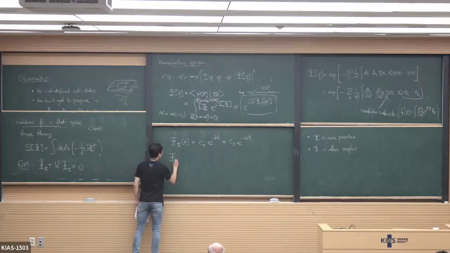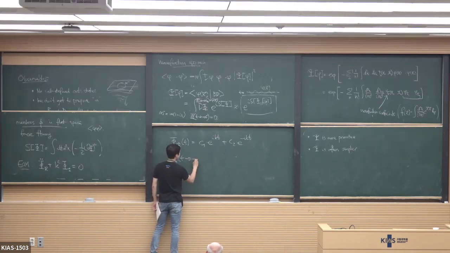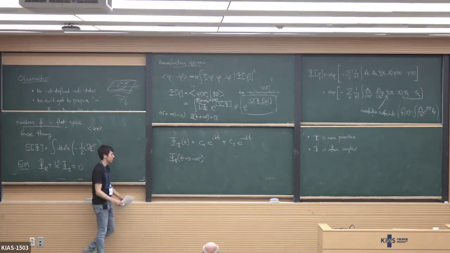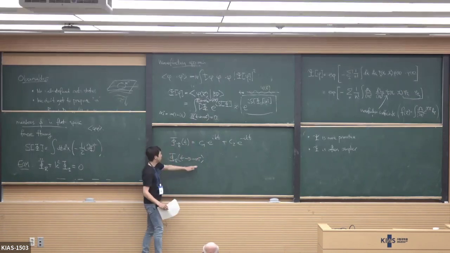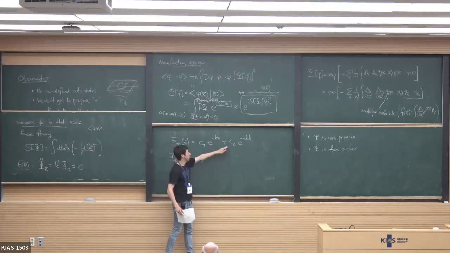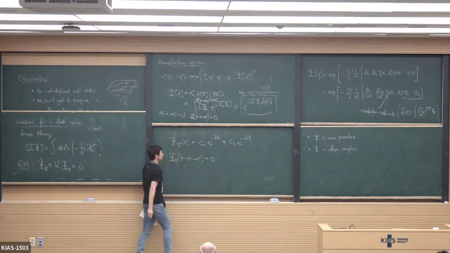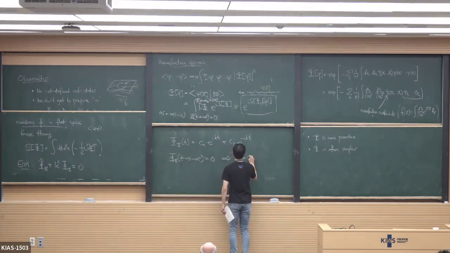We want to impose the condition that when we take t to minus infinity with the i epsilon prescription, this solution goes to zero. If we want to do that, we have to take only one of the solutions. So that implies that C2 has to be 0.